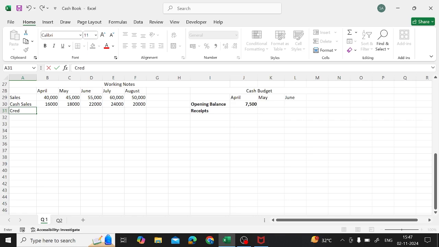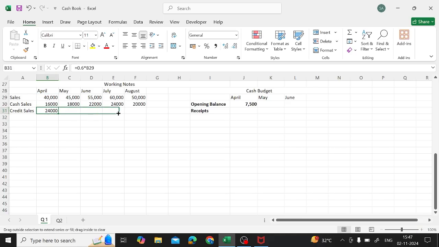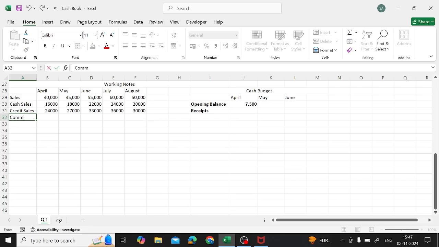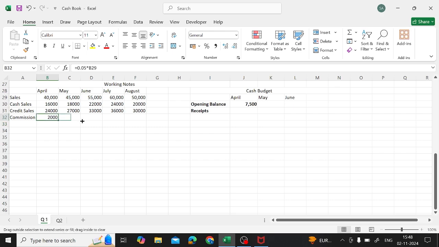And credit sales will be 60%. Another variable which is related to sales is the commission. So commission is 5%, equal to 0.05 of the sales.